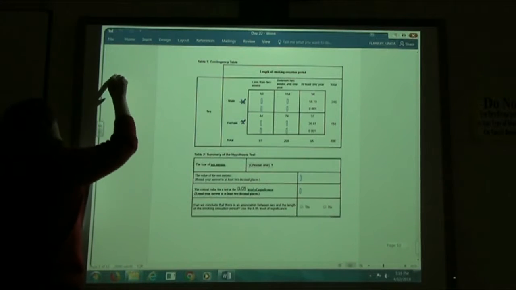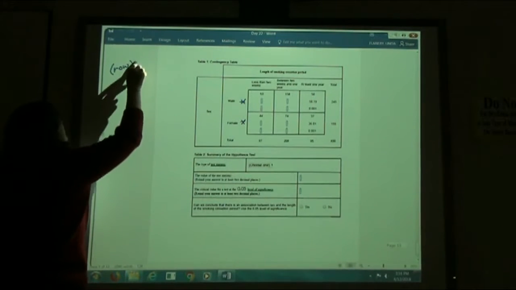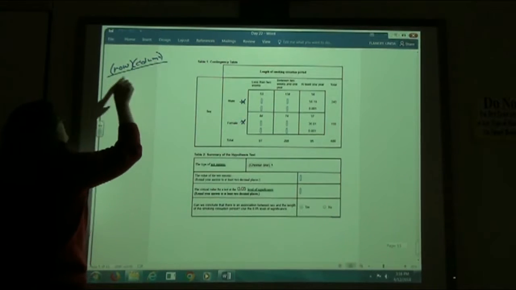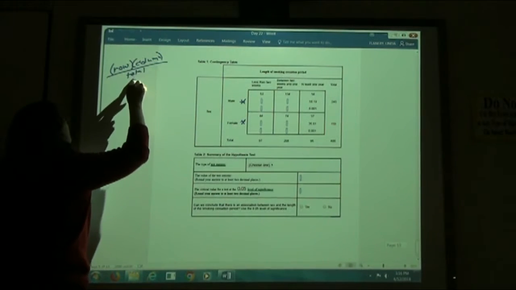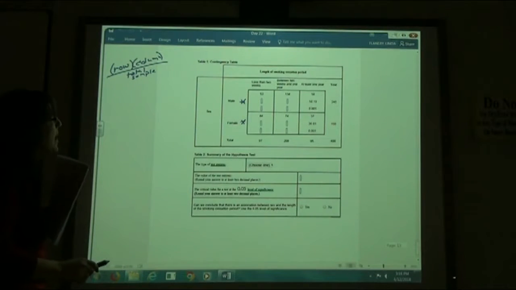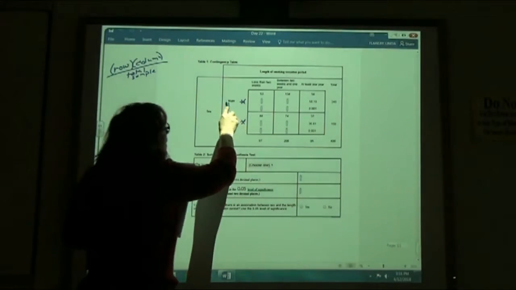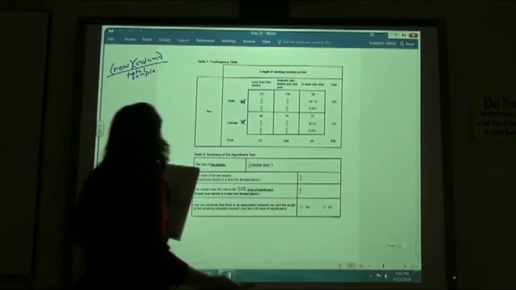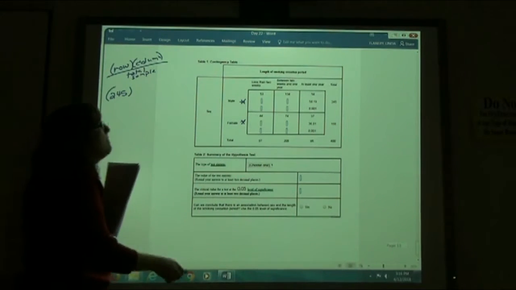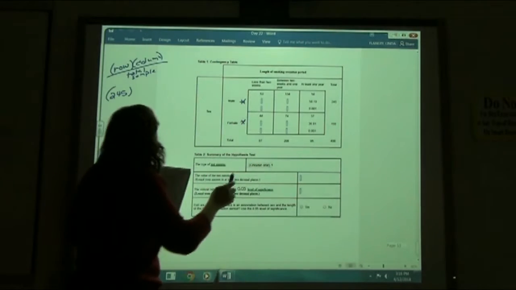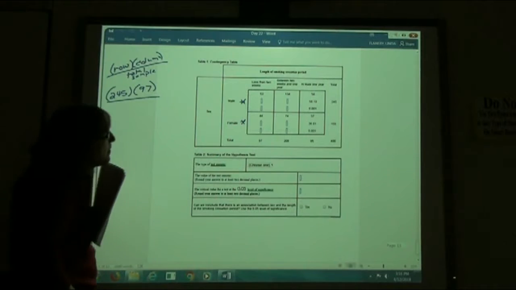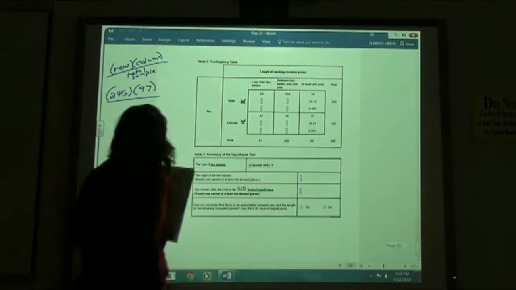So, the row times the column divided by the total sample. My row total, 245. My column total, 97. Divided by my total sample, 400.